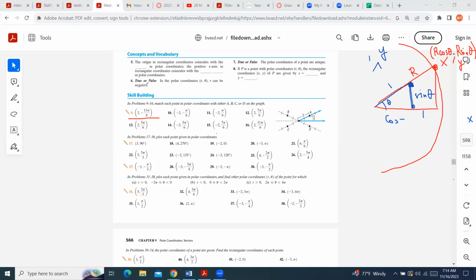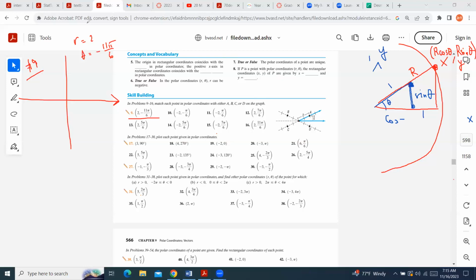So the exercise, say number 9, says match each point in polar coordinates with A, B, C on the graph. Okay, so in other words, I just want to make a picture of this point. So I can do that. I can get an angle theta. So r is 2, and angle theta is negative 11 pi over 6. So I guess the only similarity with the XY plane is they write, instead of first and second position, r and theta.